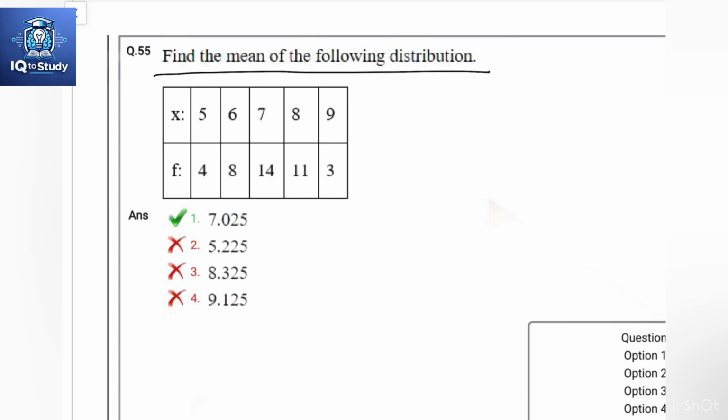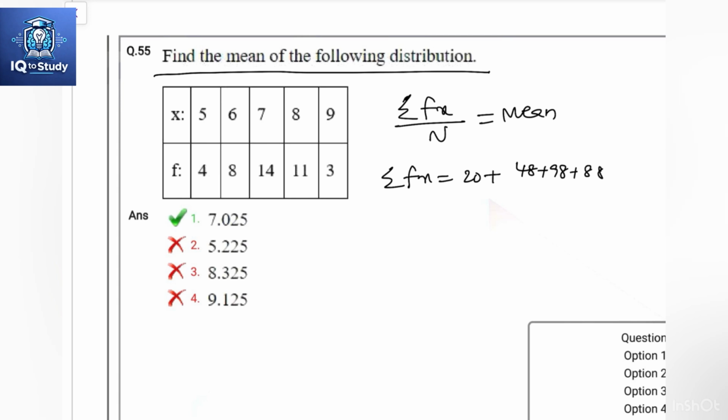Find the mean of the following distribution. We know that by the direct method, mean is sigma fx divided by n. Here x and f values are given, and sigma fx is equal to 20 plus 48 plus 98 plus 88 plus 27, which is equal to 281.